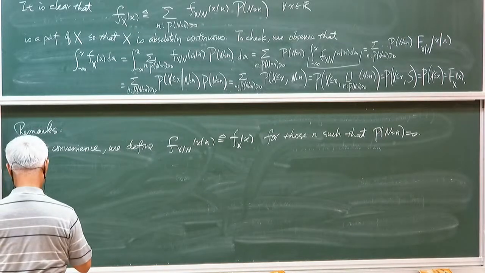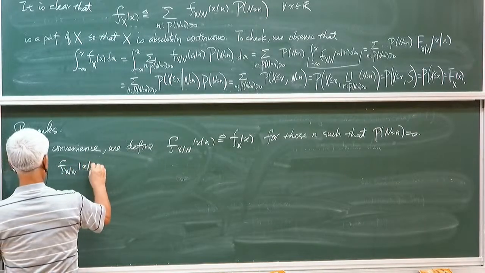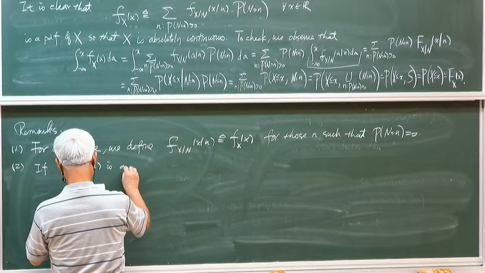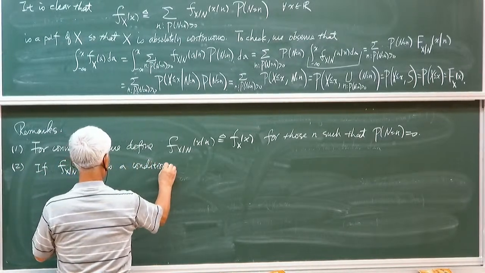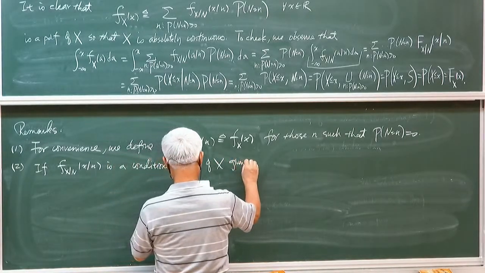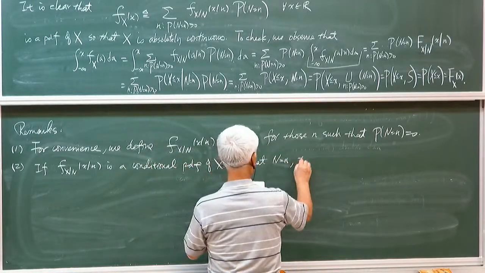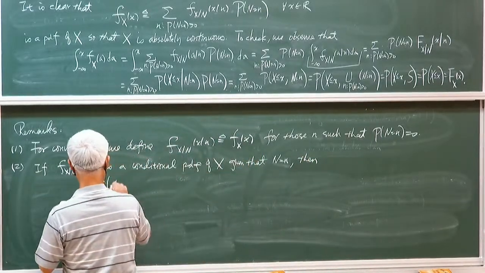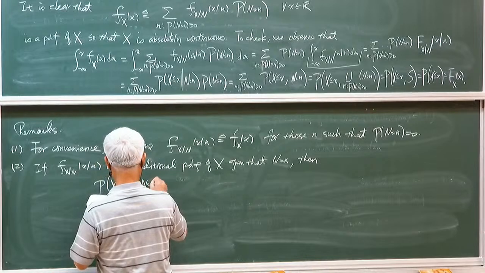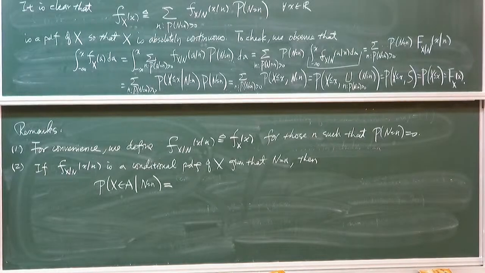Okay. And if it's a conditional PDF of X given that N equal to n, then for every interval, this identity can be extended, because this identity is required only for interval I, right?